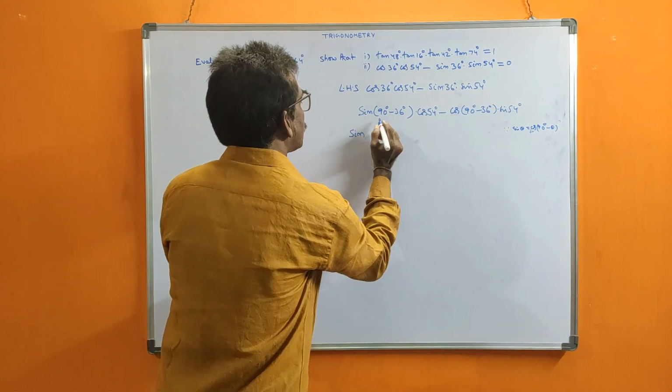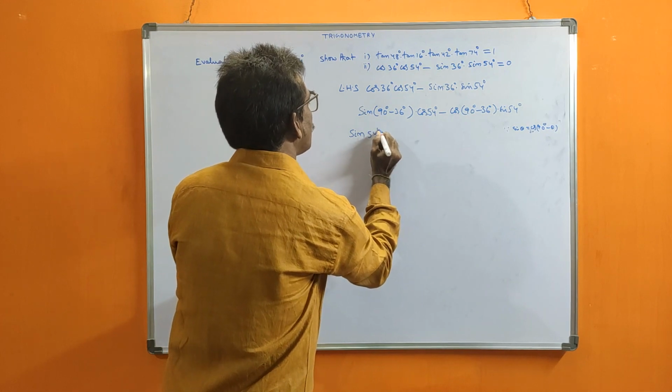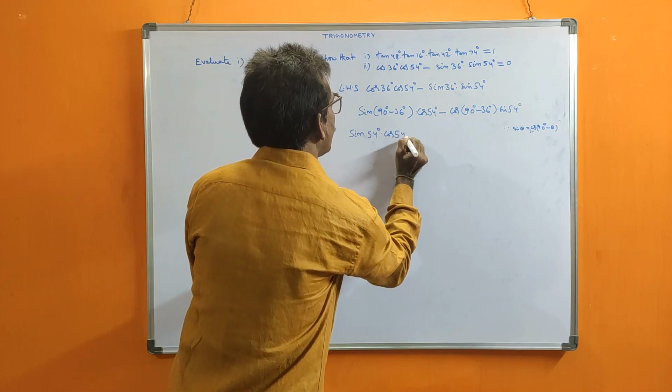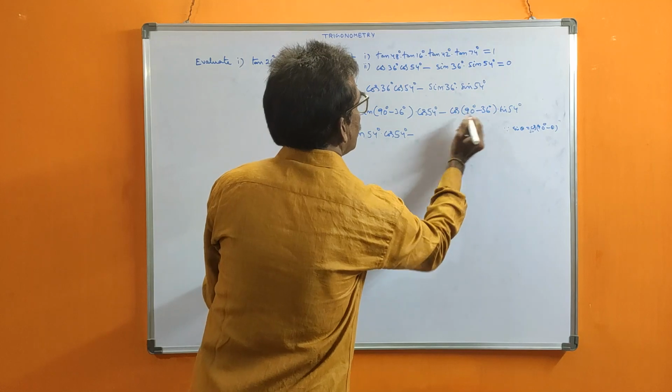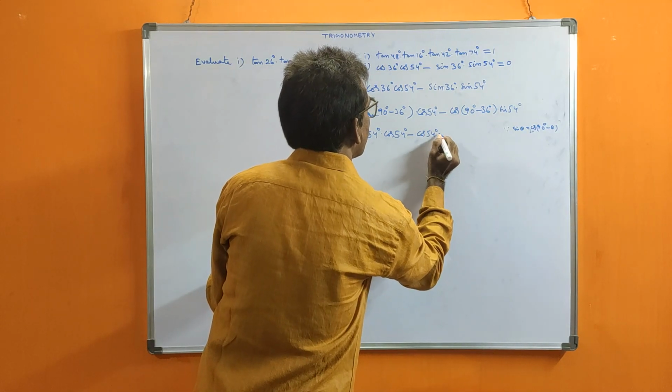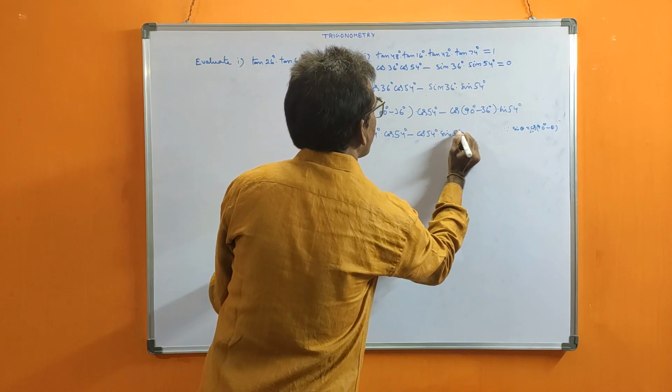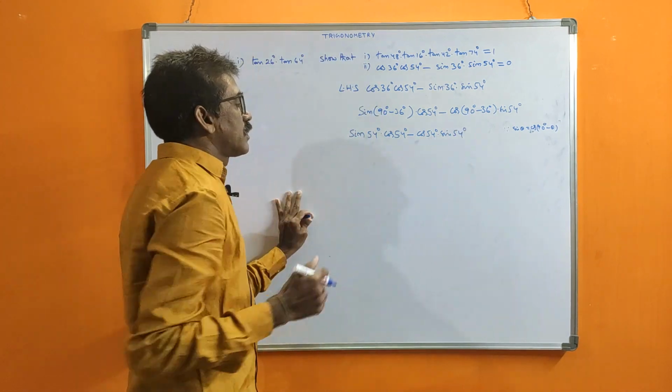Now this becomes sin of 90 minus 36, which is 54 degrees, into cos 54 degrees, minus cos of 90 minus 36, 54 degrees, into sin 54 degrees. So all are converted to 54 degrees.